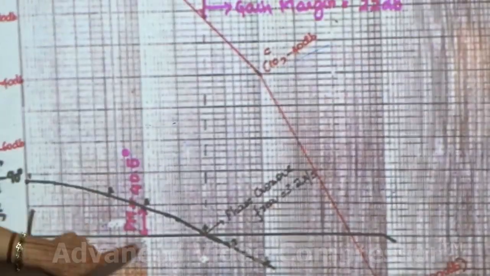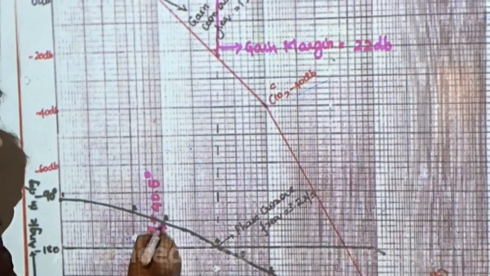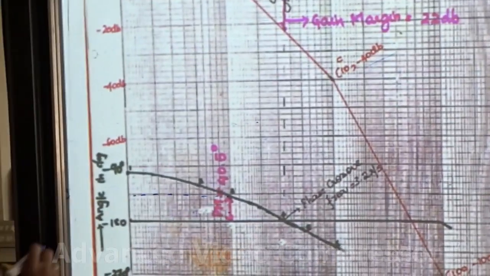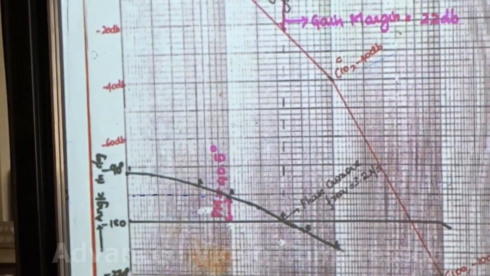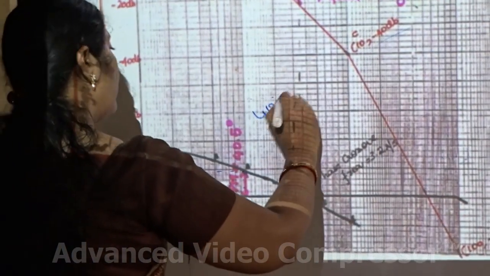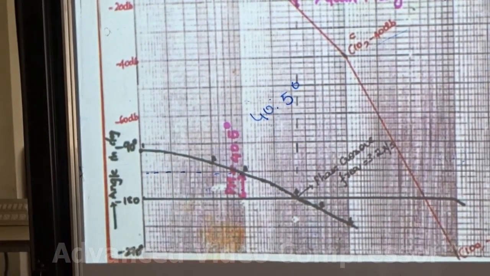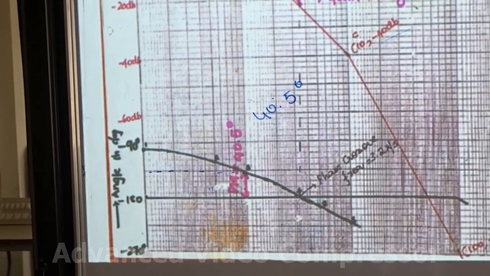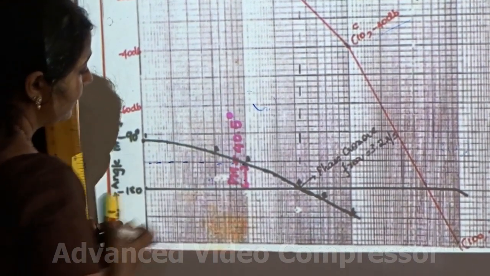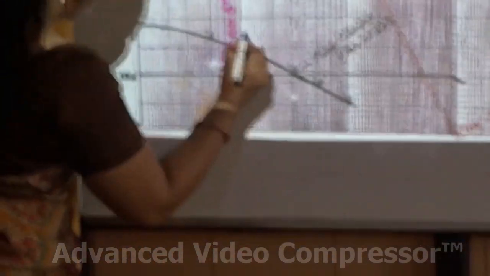This is gain at omega PC, that is angle at omega GC. Okay, this is angle at omega GC. What is the angle you get somewhere here? When you take the difference, you get around 40.5 degree. Now you have to take the degree here and find the difference, this difference. So that was around 40.5 degree.